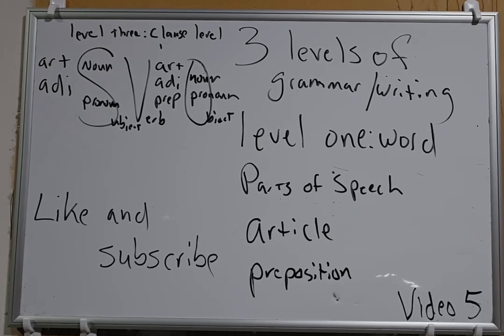When you construct these parts of speech into a sentence, we must always think of the SVO structure. SVO is in level 3 of grammar, the clause level. Remember, a clause is a group of words that contain a subject and a verb.